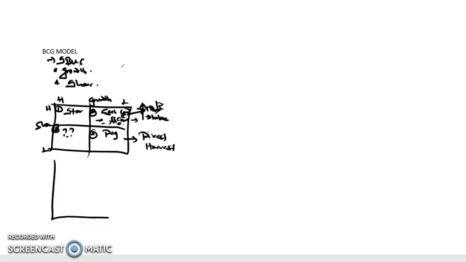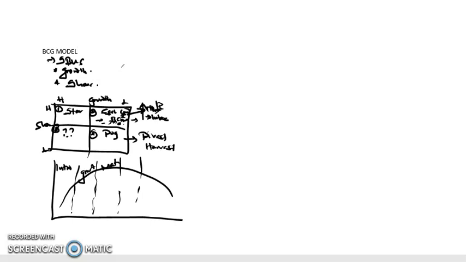And if you want to compare this model with the PLC, we say that the product life cycle starts with introduction, then you go to growth, then you go to maturity, then you go to decline in this phase.